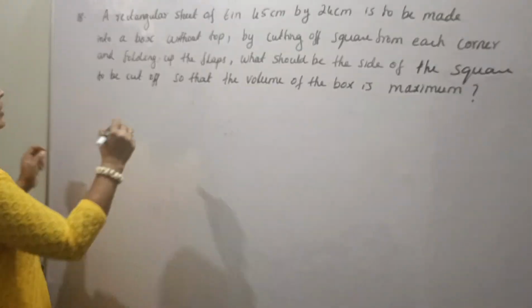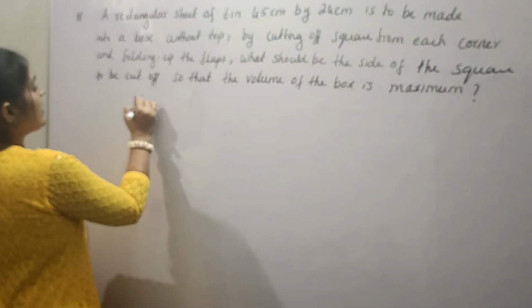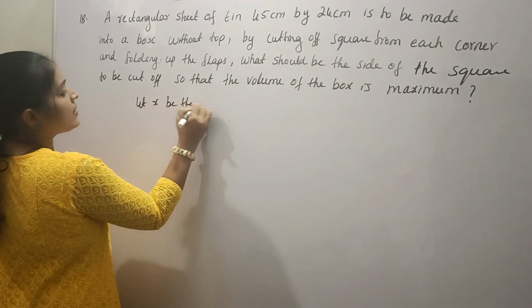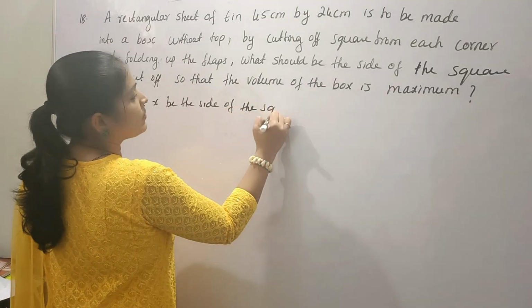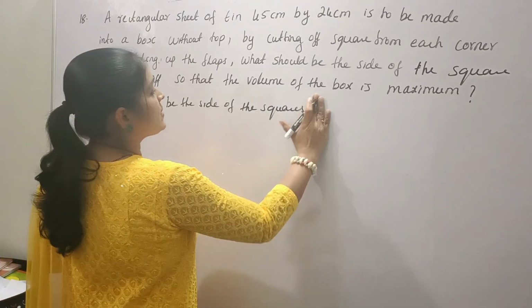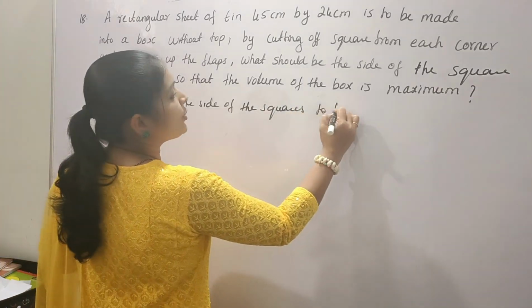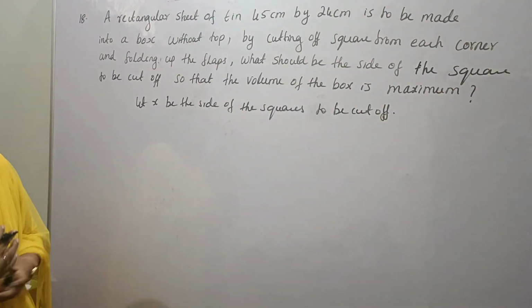Okay, so here also let x be the side of the squares to be cut off. Okay, then what is our function?